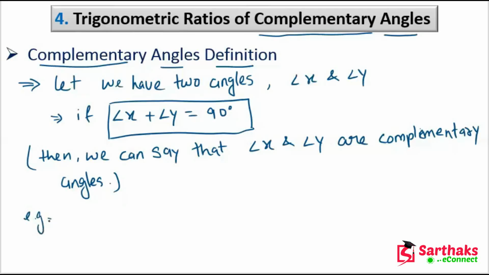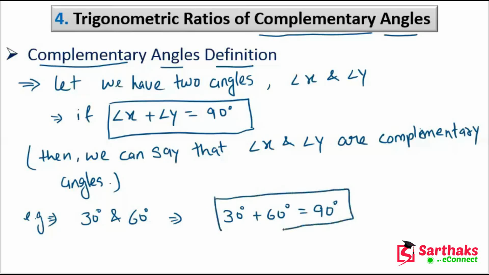For example, let's suppose we have 30 degrees and 60 degrees. The sum of 30 degrees plus 60 degrees is equal to 90 degrees.